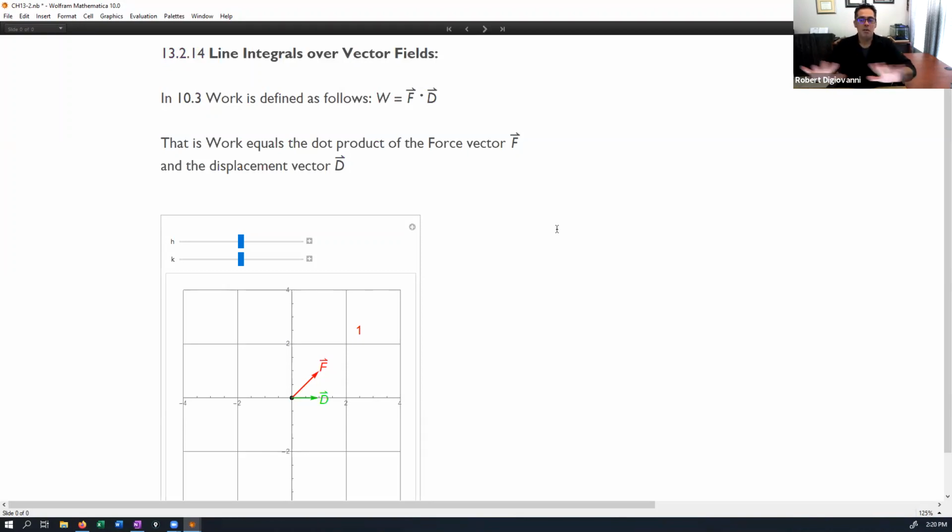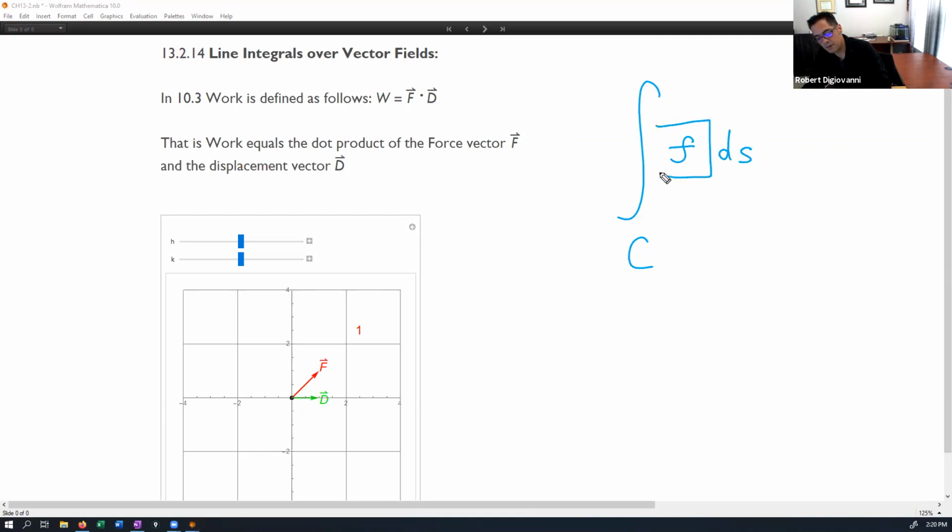All right, now we need to kind of clear our minds a little bit. Everything we've been doing, the integrand, this here has been a scalar function.